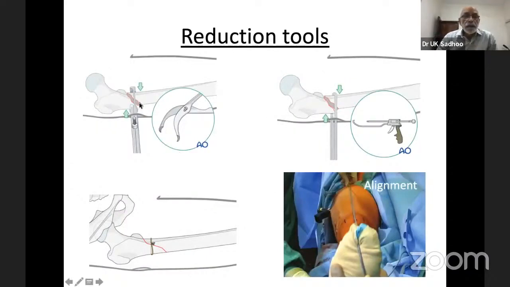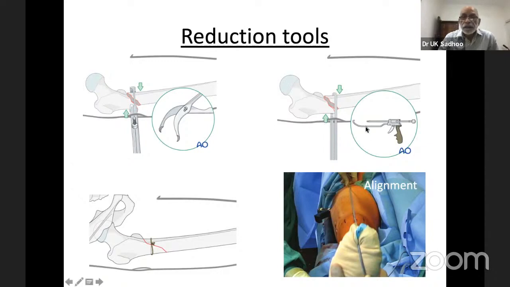In any kind of obliquity, a bone holding or plate holding clamp comes in very handy through a relatively small incision. You put one of the jaws across onto the distal fragment's proximal end and reduce. It's a very strong instrument, and it will hold the reduction while the guide wire, the reamer and the nail are passed.